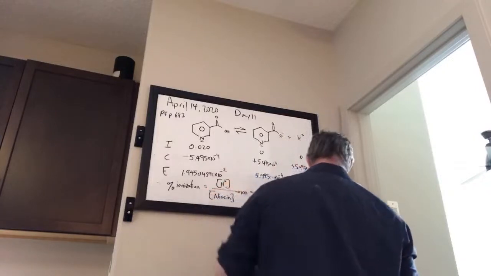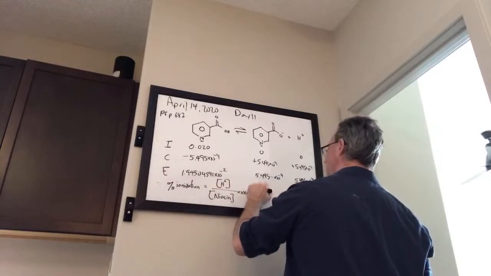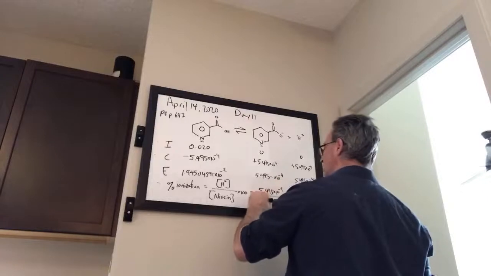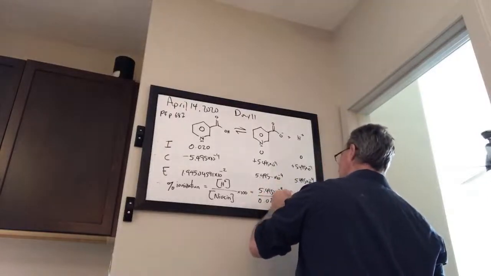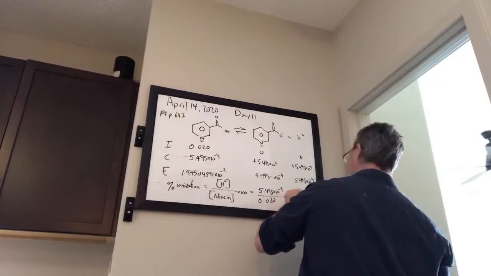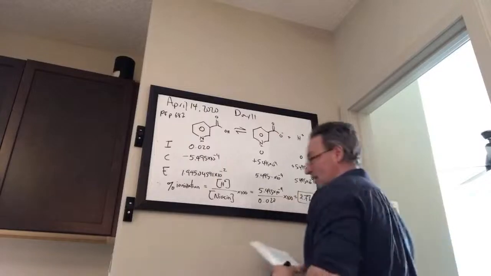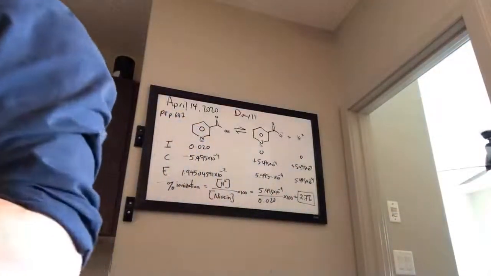Turn it into a percent. You enter all the numbers: 5.495 times 10 to the negative 4 over the original niacin concentration, which is 0.020, times 100. What you get after sig figs is 2.7% ionization. So clearly, niacin is a weak acid. It only gives you 2.7% ionization.